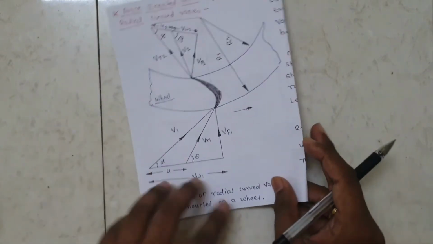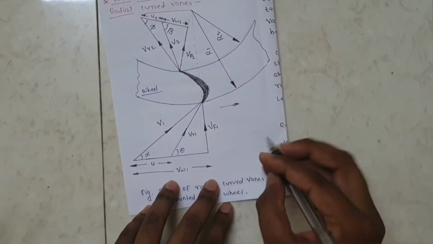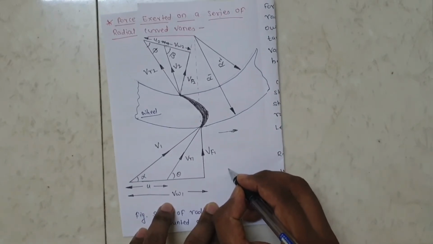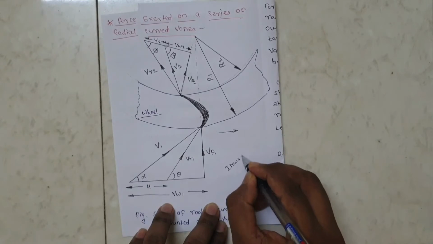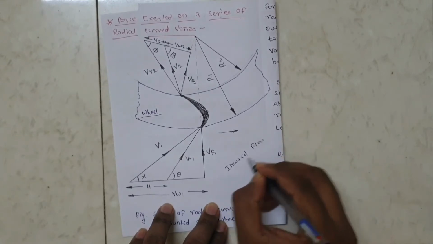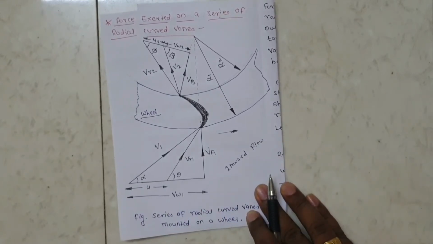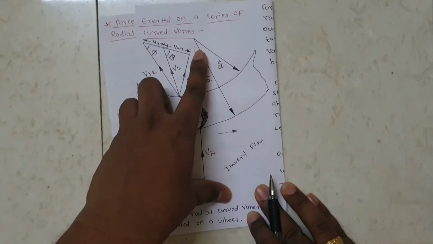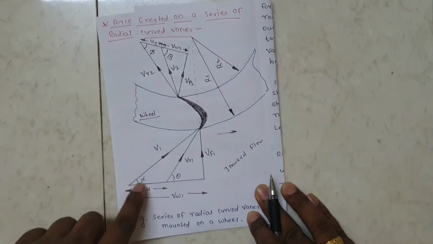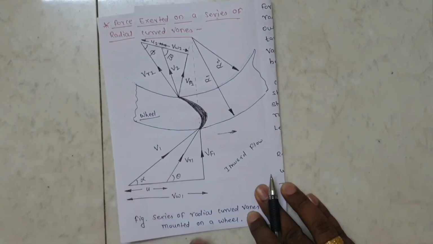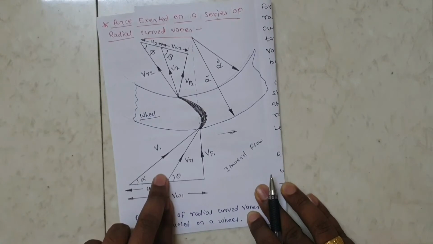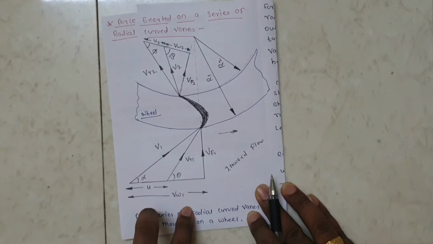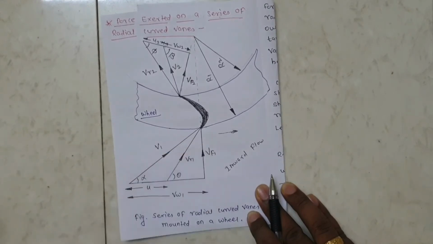See the velocity triangle of the inward flow turbine. Inward flow turbine means water is moving from outside to the center of the turbine. That means the inlet triangle is here, the outside part. This is V1, similar to the outward direction. That V1 absolute velocity has two components, one is the whirl velocity, another is the flow velocity.